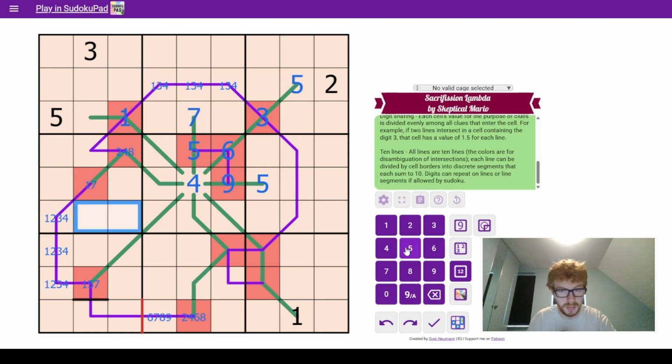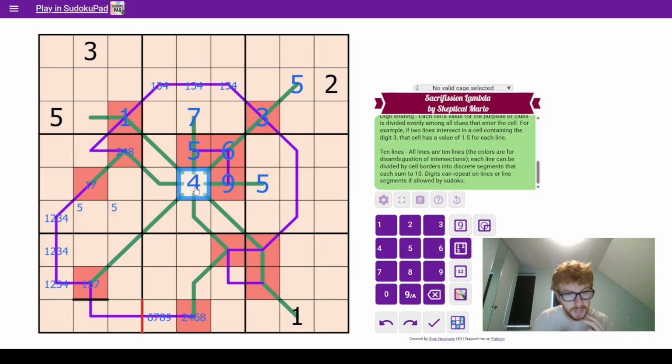5, 5, so one of those is a 5. Right. So this provides a half, so one of those has to provide a half. We know that this is the start of a new 10 line.